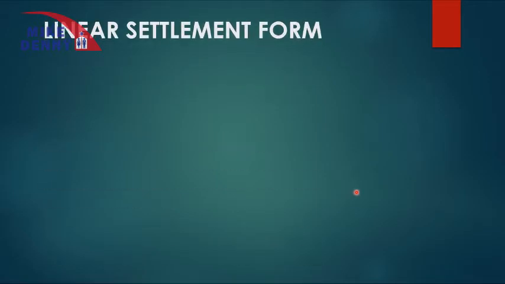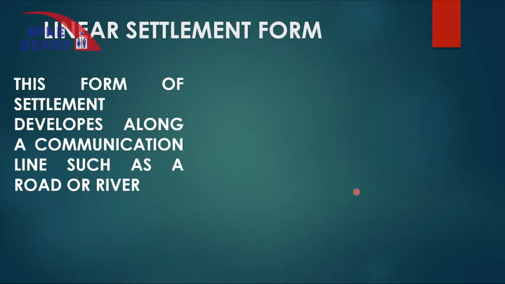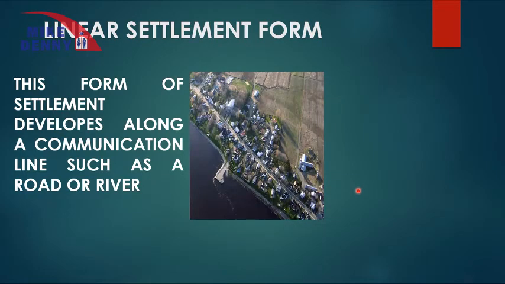So let's continue with the linear settlement form. When we say linear settlement, it simply means settlements develop along a communication line, such as a road or a river. If you look at this diagram, you see that this is a road network, and houses are developing on both sides of the road.